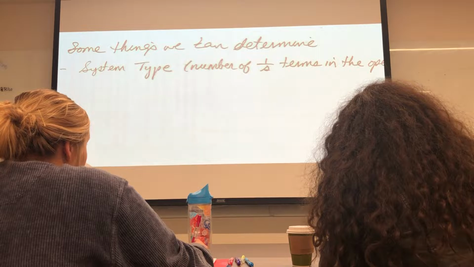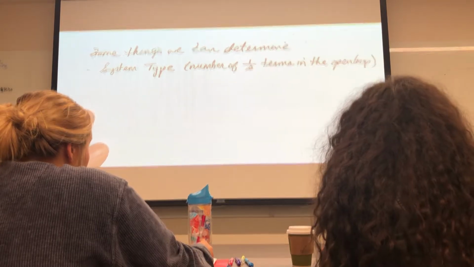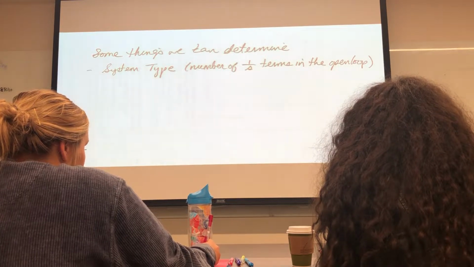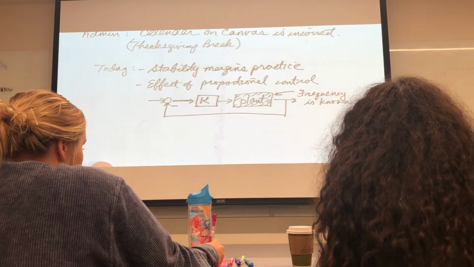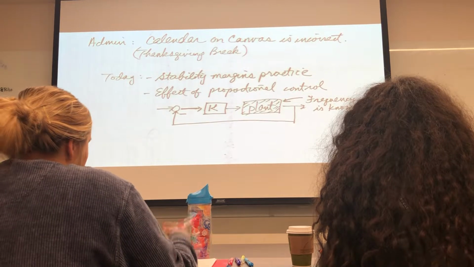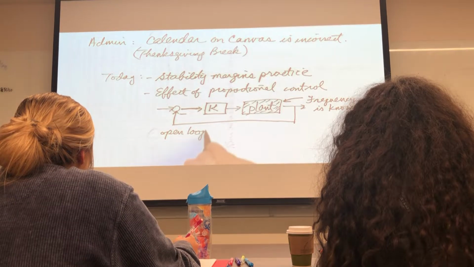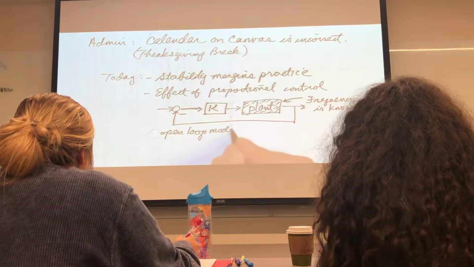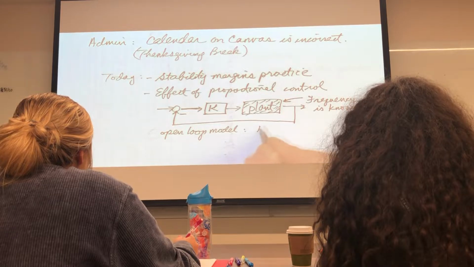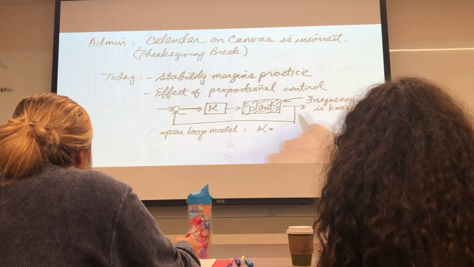So whenever people talk about control systems type, we have to take a look at the open loop. We look at the open loop model and determine the system type. So right now the open loop model is K times the plant model.